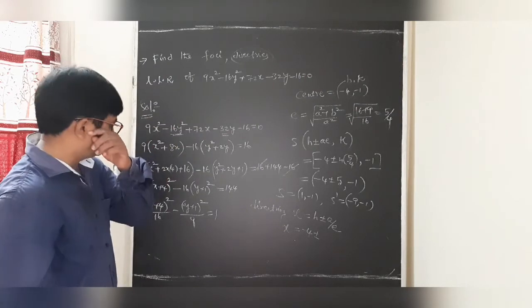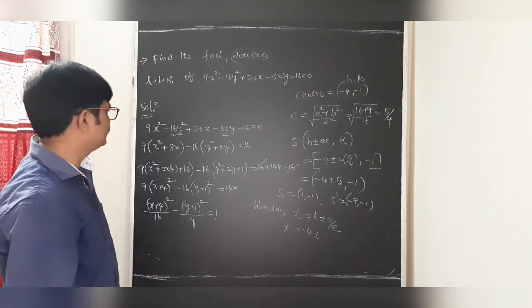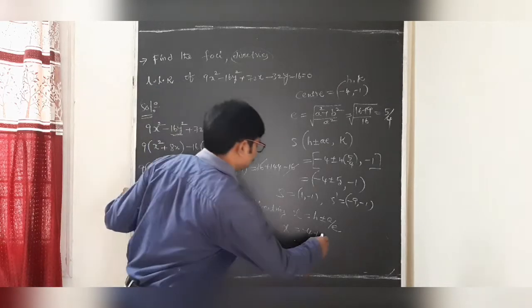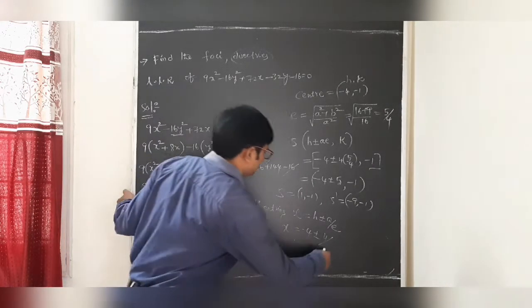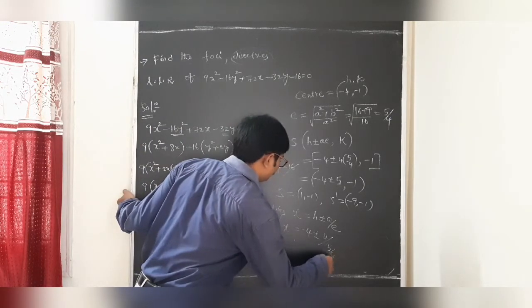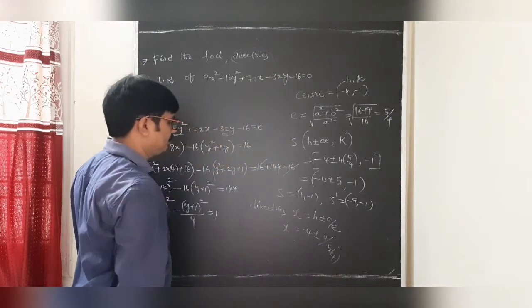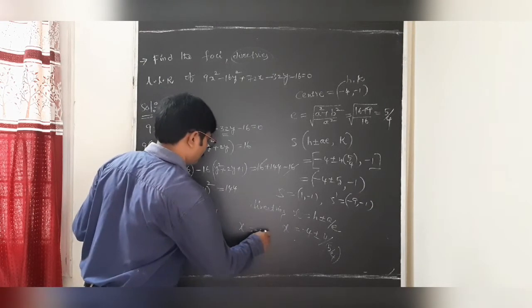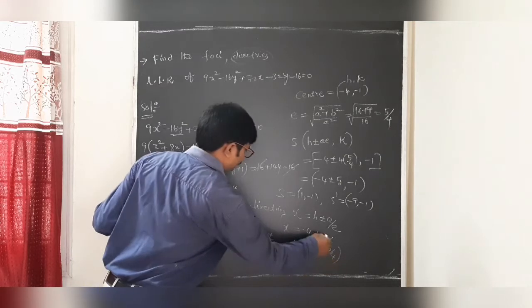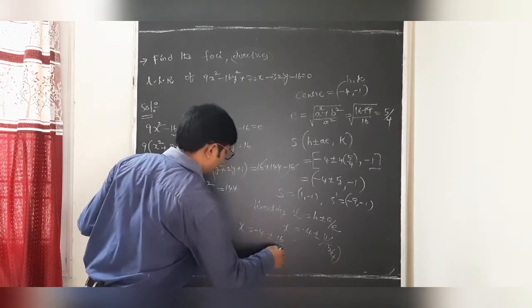Here a is 4 and the value of e is also 5 by 4. So x equal to minus 4 plus or minus 4 into 4 by 5, that is 16 by 5.